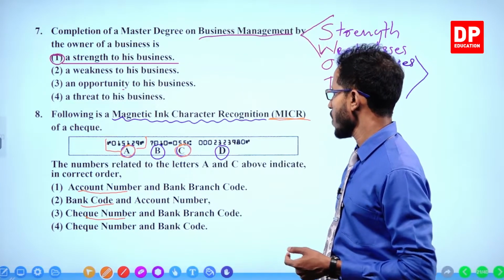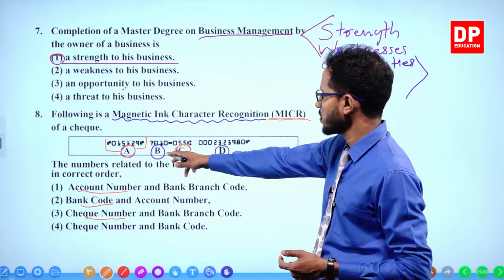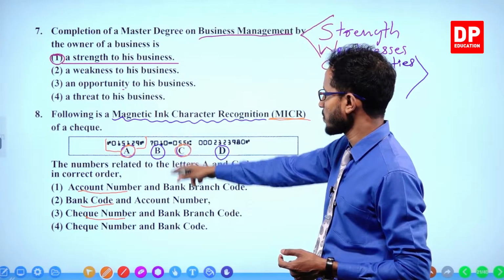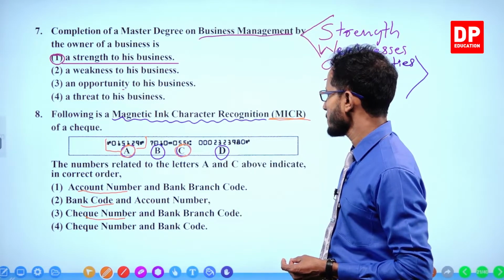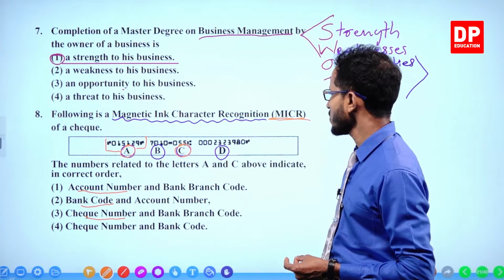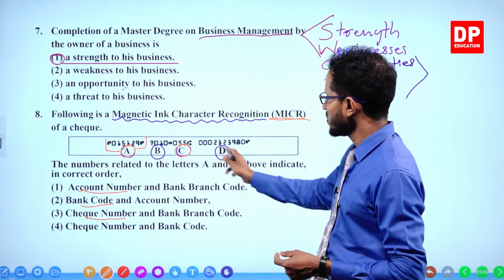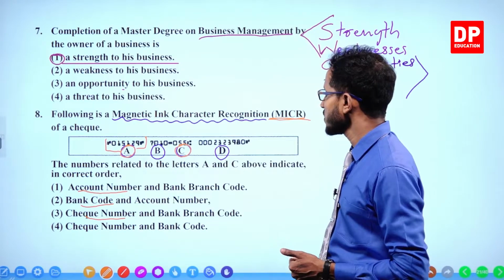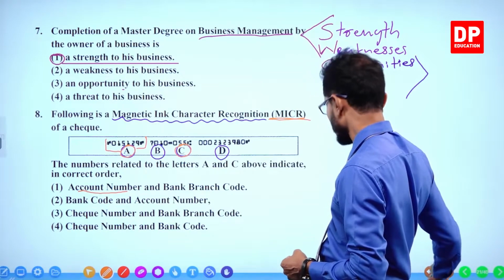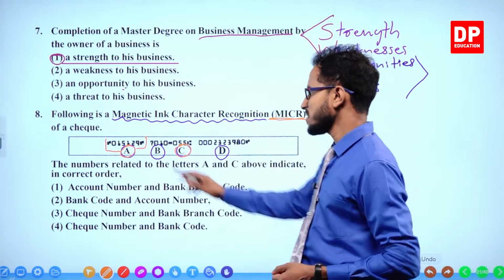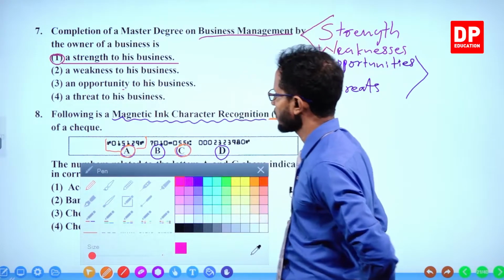Then B, the second batch of numbers, is the bank and branch code, B and C. D is the account number. A is the check number.